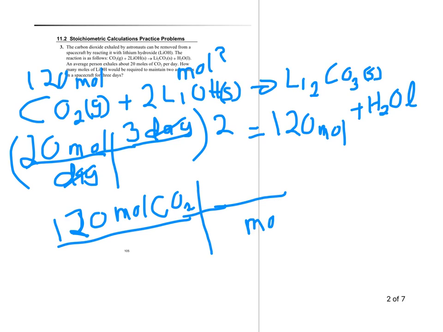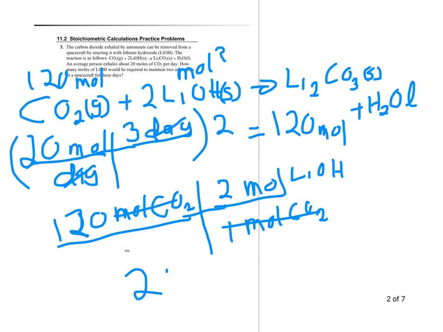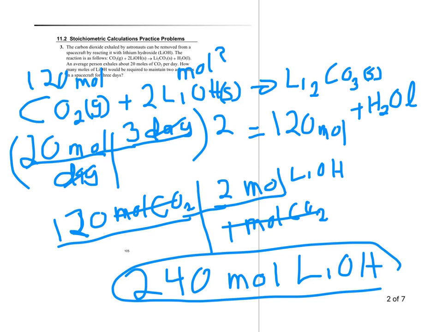We're going from moles of CO2 to moles of LiOH. Our mole ratio is 2 to 1. So multiply, canceling first, and we get 240 moles of LiOH being needed.